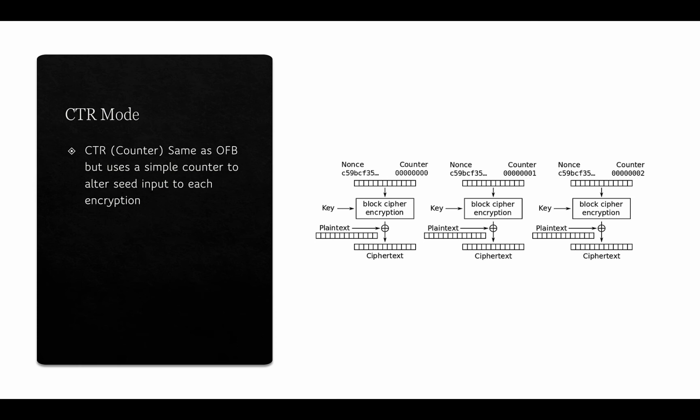And then there is a counter mode, which is the same as output feedback, but uses a simple counter to alter the seed input to each encryption. So again, the reason for this is that we can use some of these modes and parallelize them so that they can become very much faster.